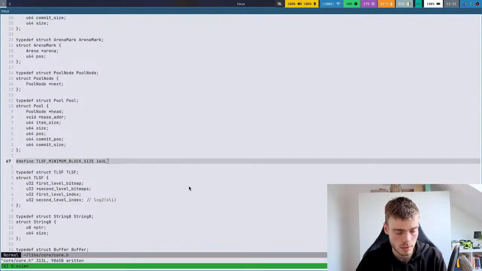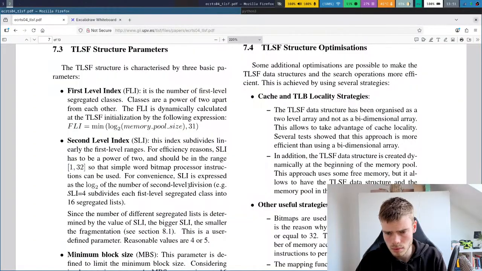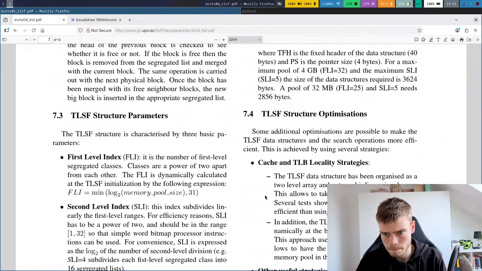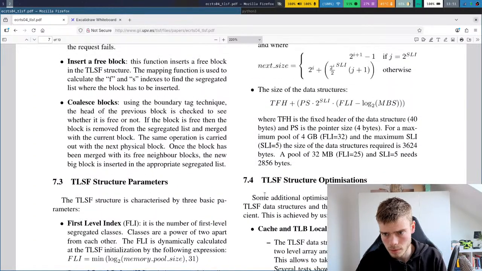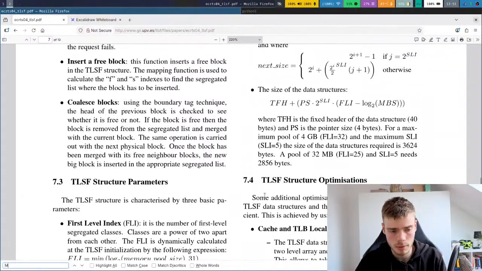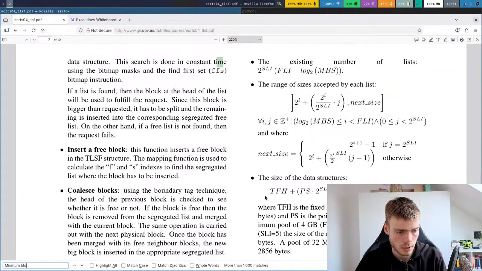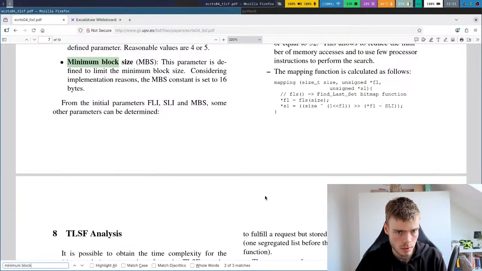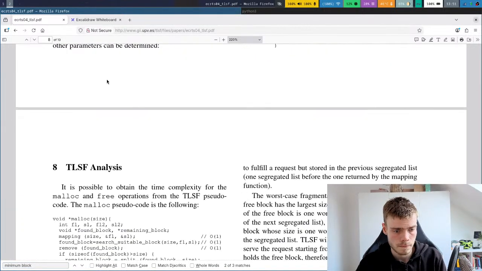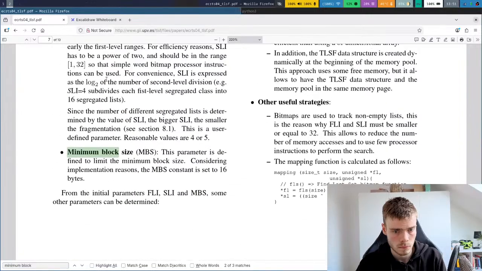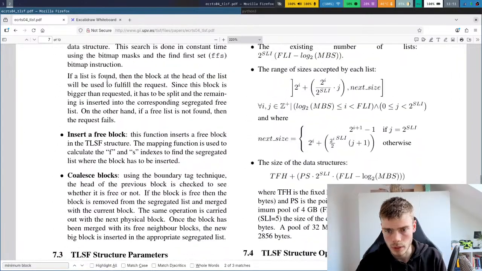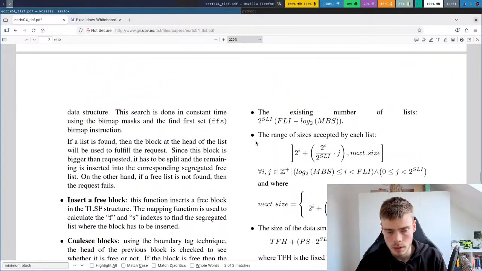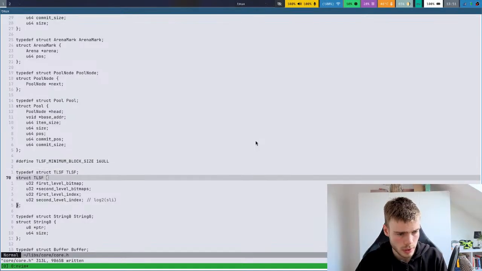I think it was 6 on this page. Block size.